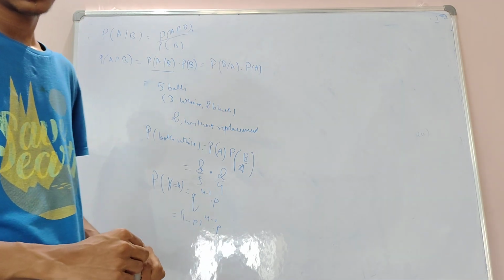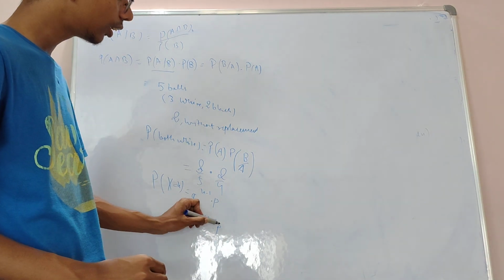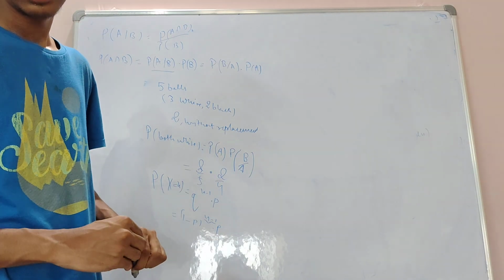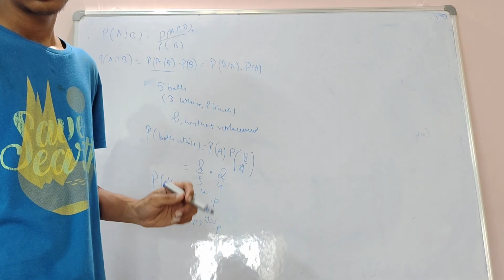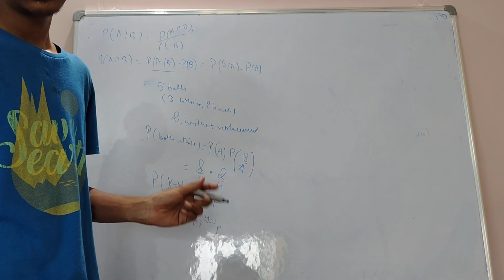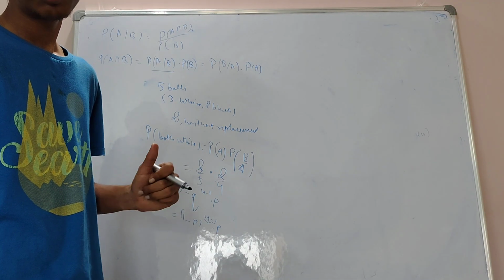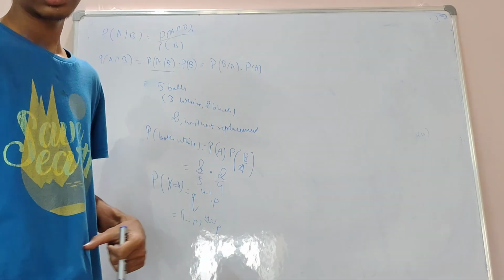So if there are n minus 1 failures in a row, then one success. In binomial, n is fixed. In geometric, n is not fixed.